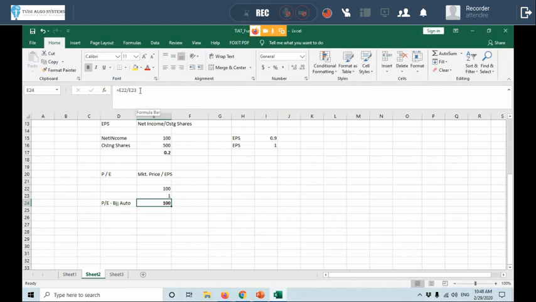Your EPS is coming down, which means your price to earnings ratio will go up. So you have to do that adjustment to do proper analysis. Understood what a stock split is and how it impacts the company and the ratios?